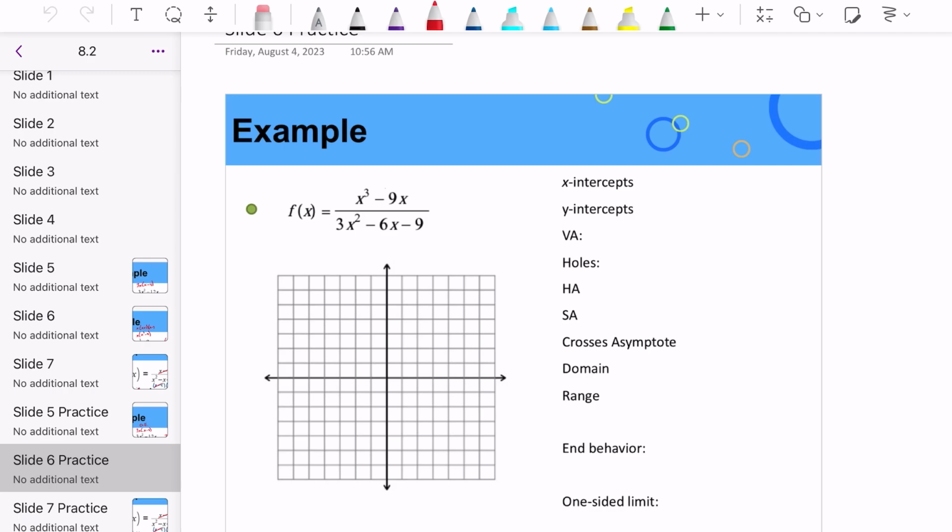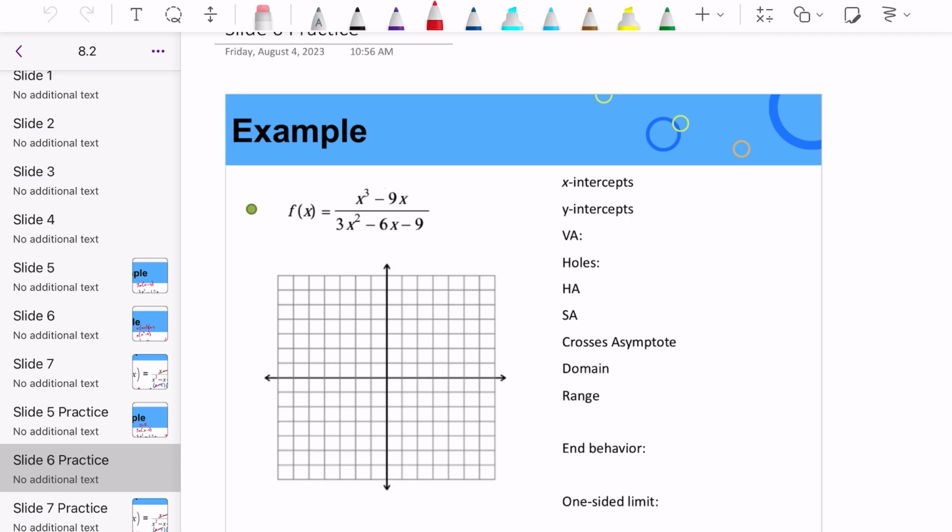Now, in slide 6, we take a look at our equation of x to the third minus 9x over 3x squared minus 6x minus 9. First thing we would do is factor out this equation.